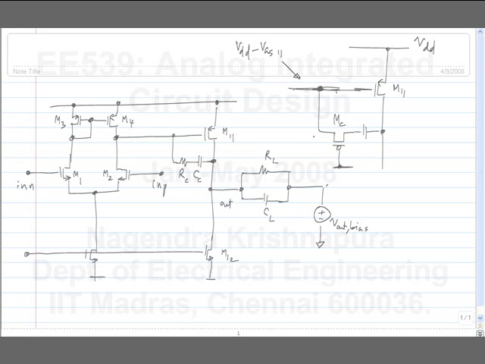Alternatively, you can use an NMOS and tie this to VDD. Then the gate source voltage of this always tracks the gate source voltage of M11. But of course, it's the opposite type of transistor. So both ways there are some problems. But we can use it with some care.